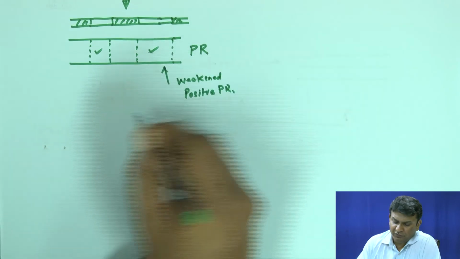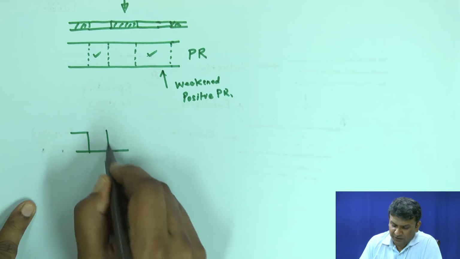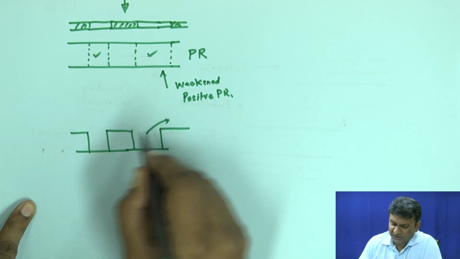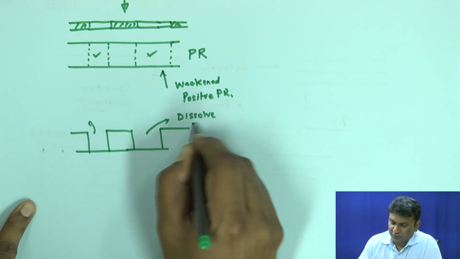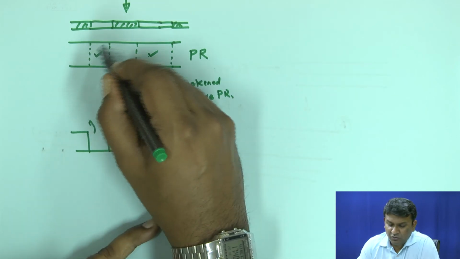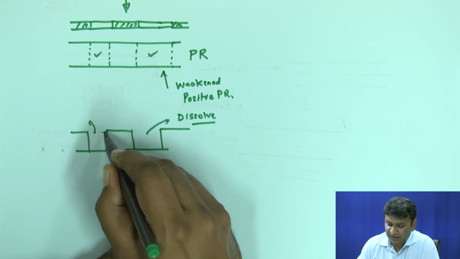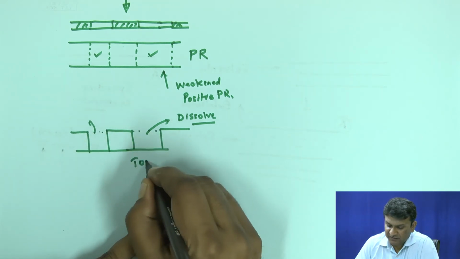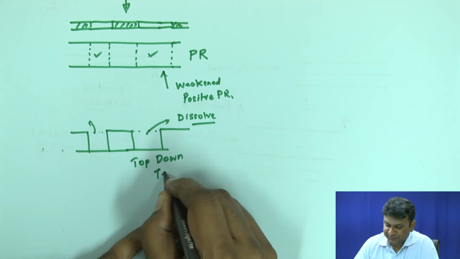Now during the development stage, these parts of the film will be washed away, they will dissolve. So you can see that you had something over here which is now gone. This area you have removed the material, and therefore this classifies into the so called top down technique.